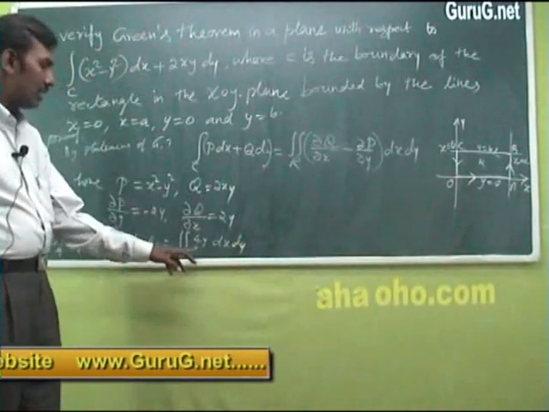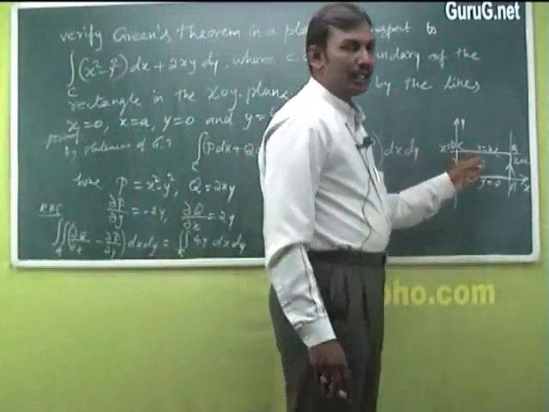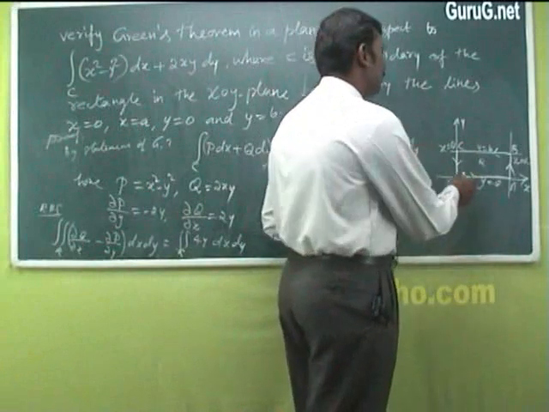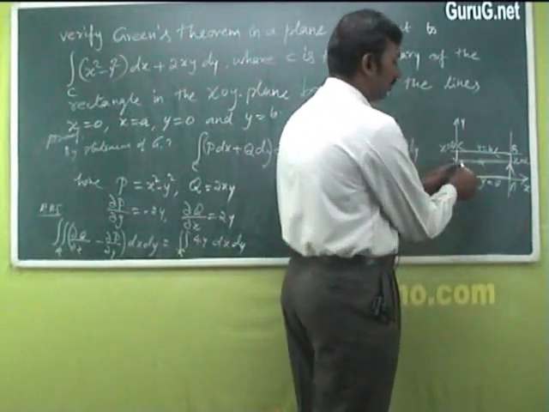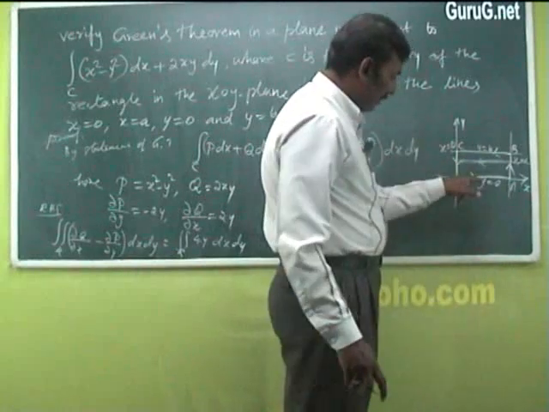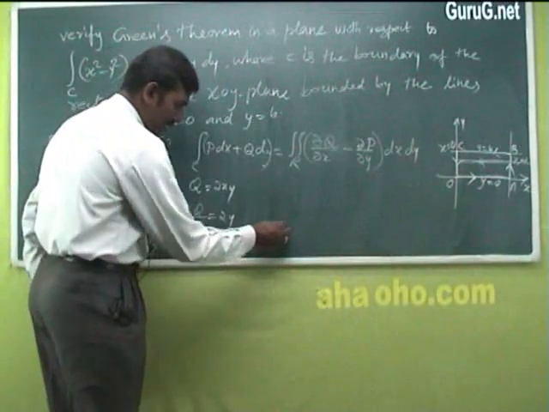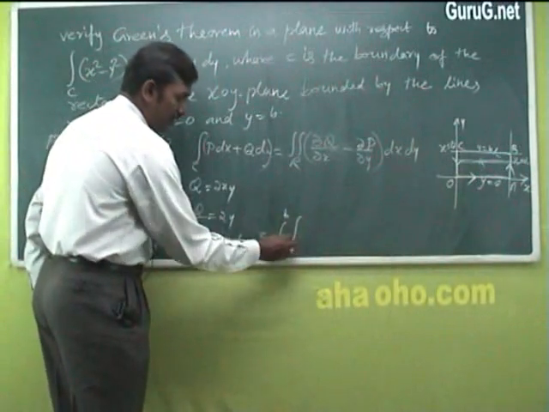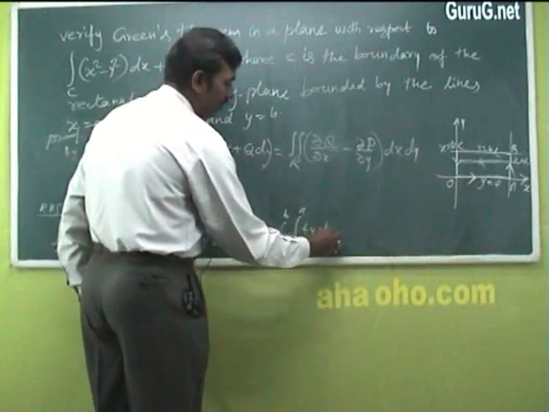How can we evaluate this double integral? In this region you can draw either a vertical strip or a horizontal strip. I can take a horizontal strip. So x varies from 0 to a, and then y varies from 0 to b. So we can write this: integral 0 to b, then 0 to a, 4y dx dy.